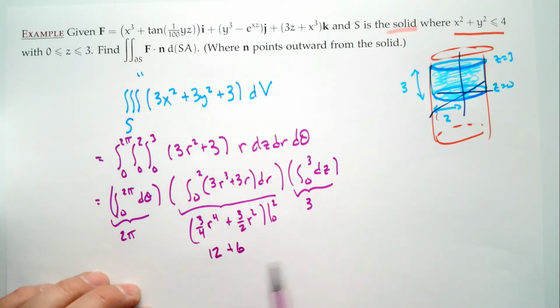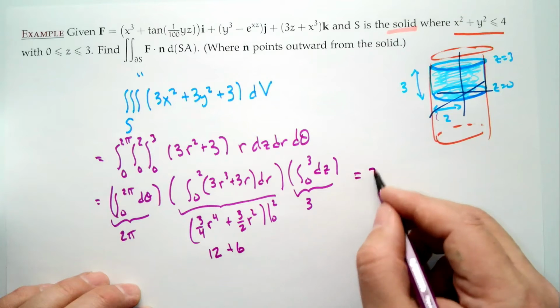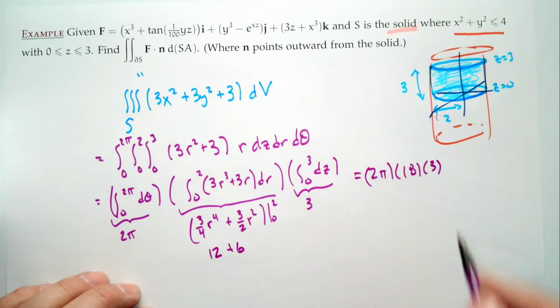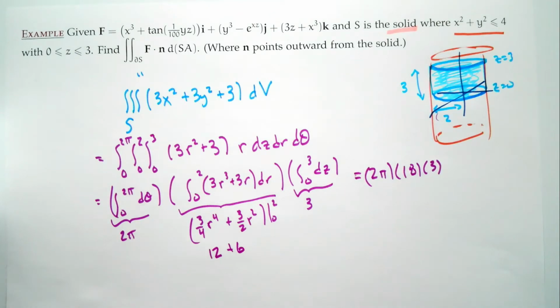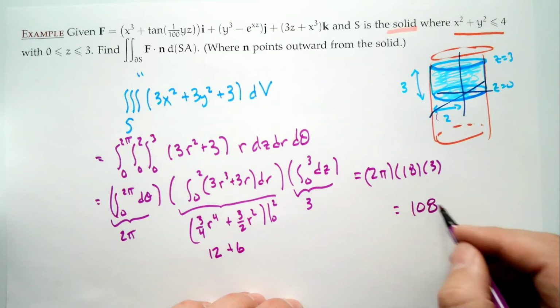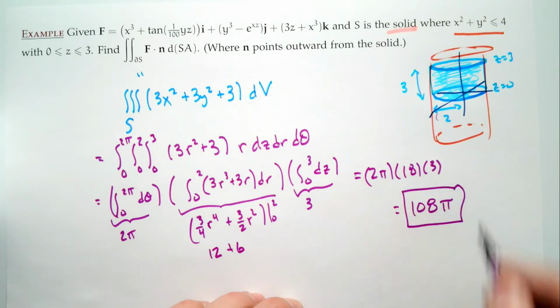So that makes 18. So we get 2 pi times 18 times 3. 18 times 3 is 54. And if we double that one more time, we get 108. 108 pi. And there you go.